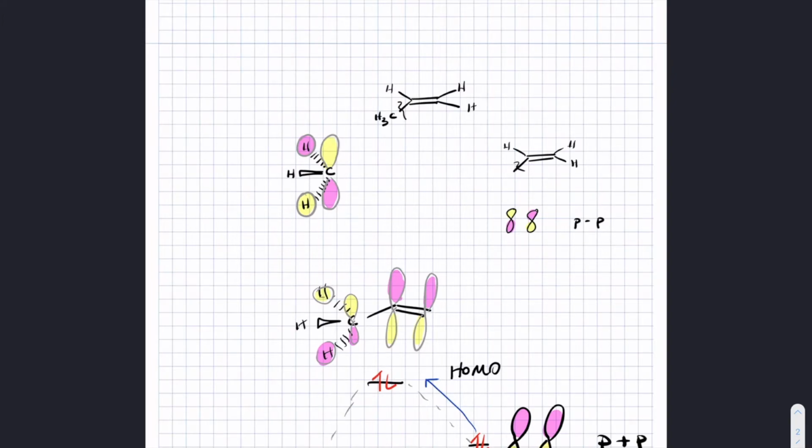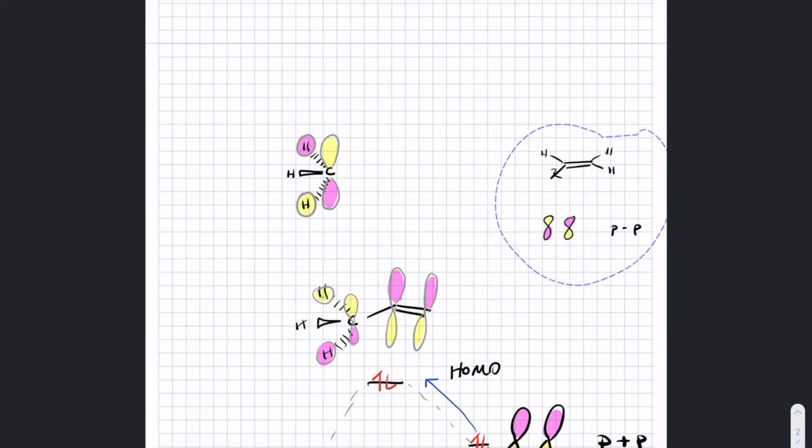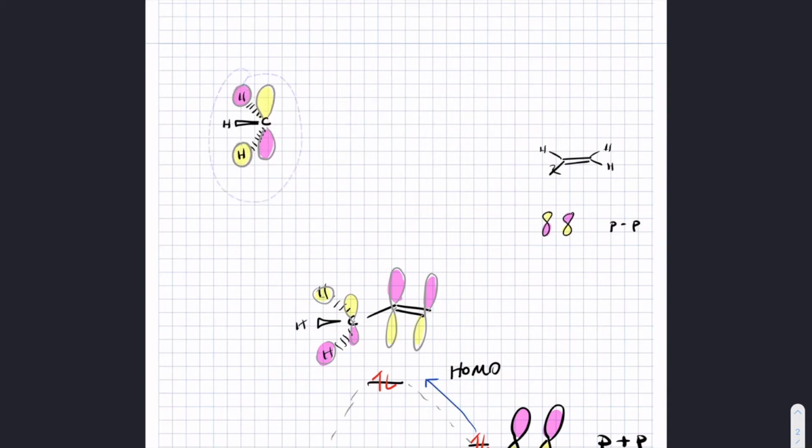And I won't necessarily show you, well, I'll show you one of the options. Probably the pi star is lower in energy than the antibonding pi CH3, for reasons we don't necessarily need to go into.